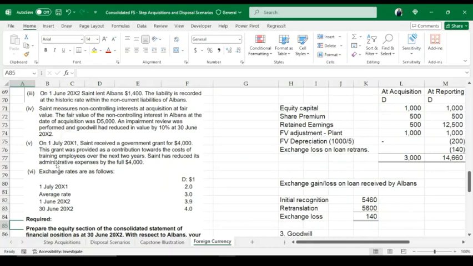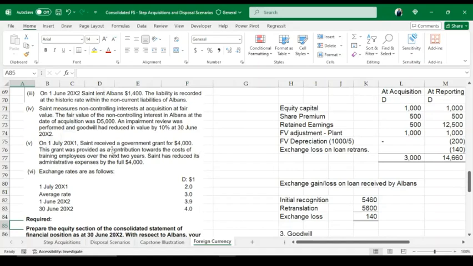So the grant is a revenue grant that was granted to Saint, and this is to be used to provide for the training of employees. So it means that we are going to divide this amount by 2, so that in each year there will be an expense amount of 2,000 each.